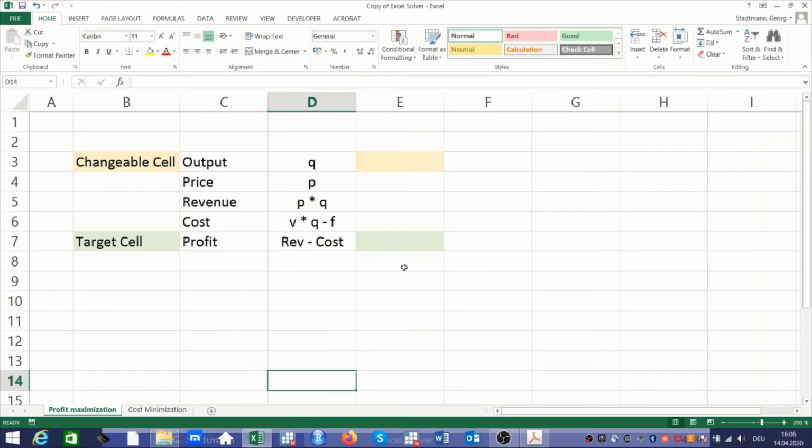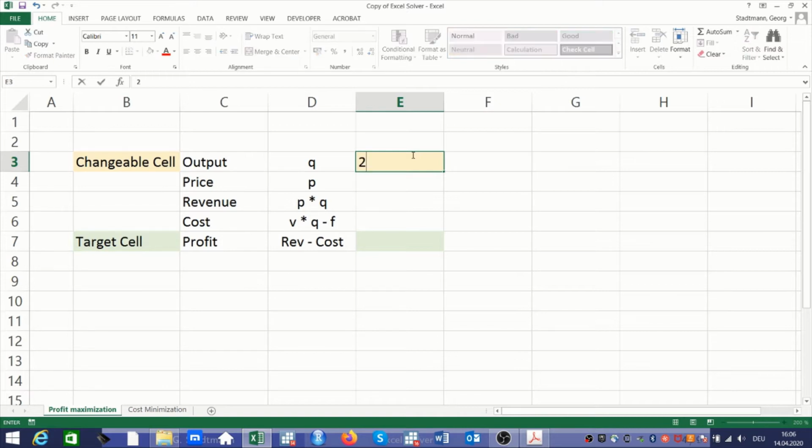In the first step, I set up this Excel sheet here. In row number 3, I plug in the quantity, and right now in cell number E3, I just plug in a random number, let's say 2.